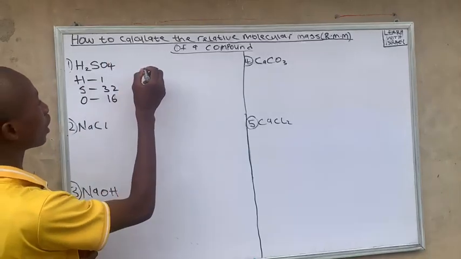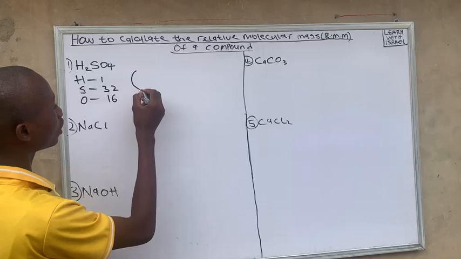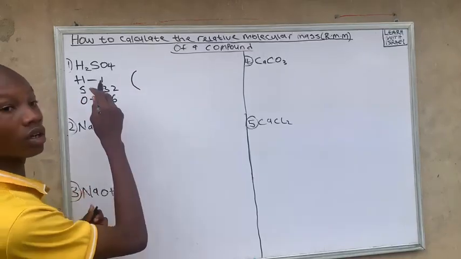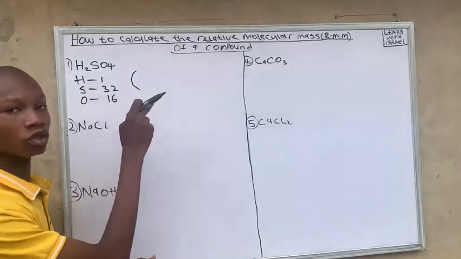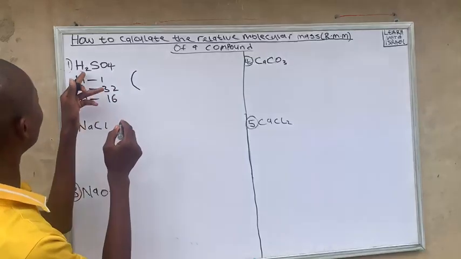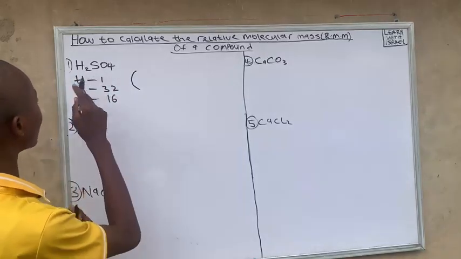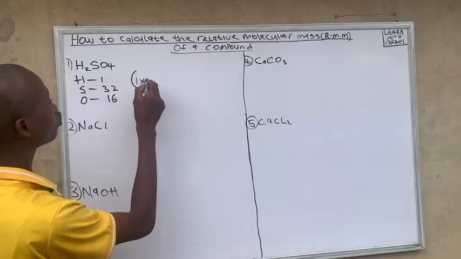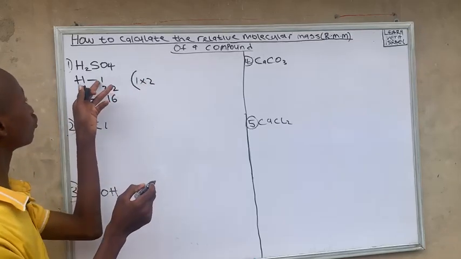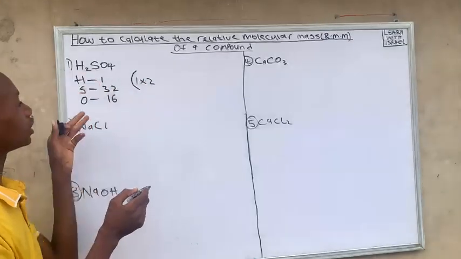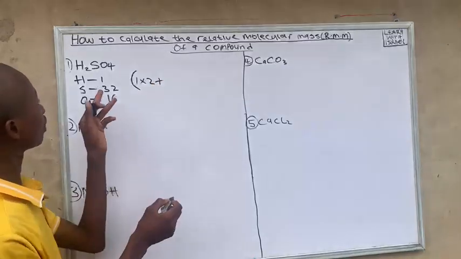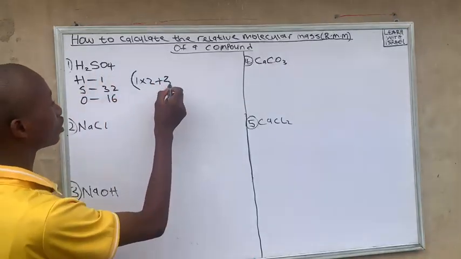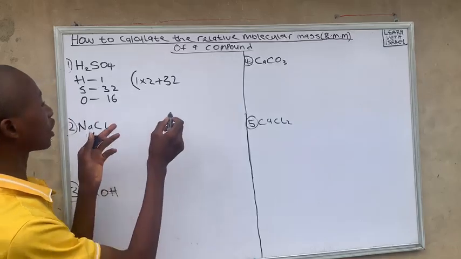So we have our H2SO4. Let's open a bracket and input this. We have 2 hydrogen in this compound, so that's 1 times 2, plus our sulfur, 32, plus our oxygen.